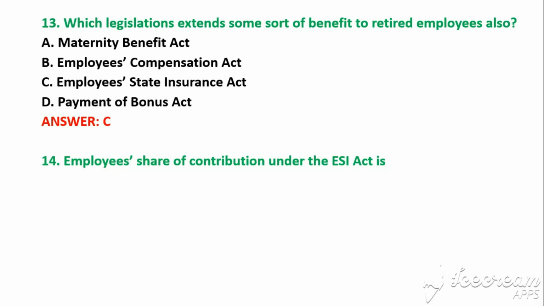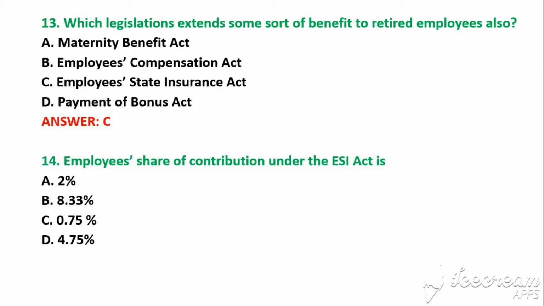Employees' share of contribution under the ESI Act is what? Employee share under the ESI Act contribution, employees' contribution. The options are 2%, 8.33%, 0.75%, then 4.75%. Here the employee share is 0.75%.